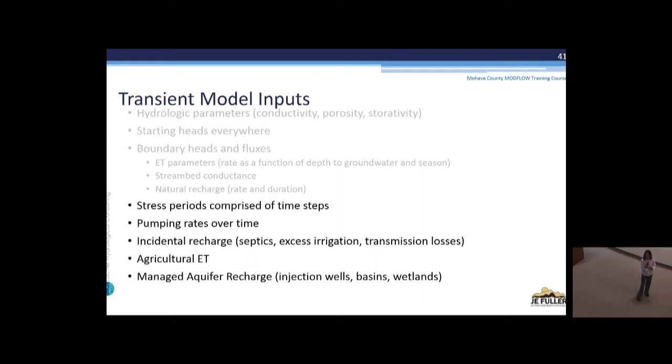And they want to contain more of it at the surface and grow grass instead of letting it percolate to the groundwater system for whatever reason. It's actually, in some cases, worth taking a look at the age of the subdivision if you're really trying to pin down incidental recharge, because there are more leaks associated with older subdivisions, and the septics are a different configuration.